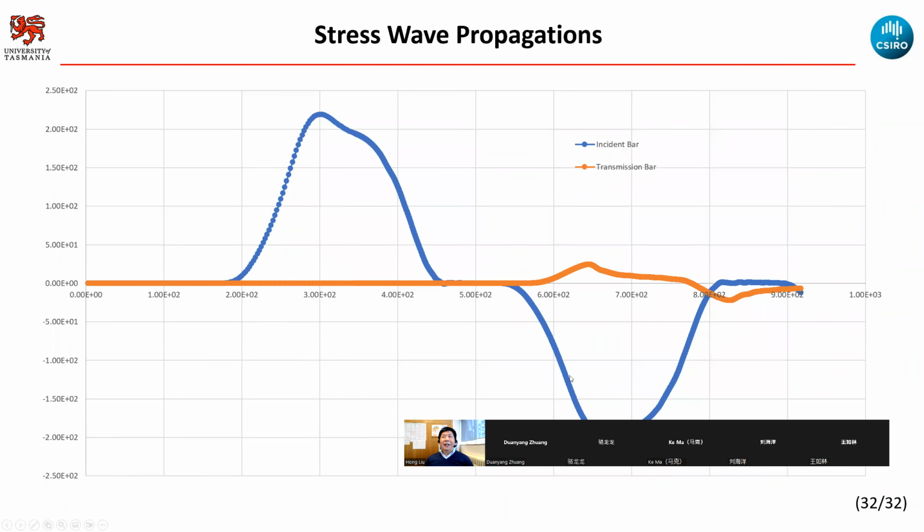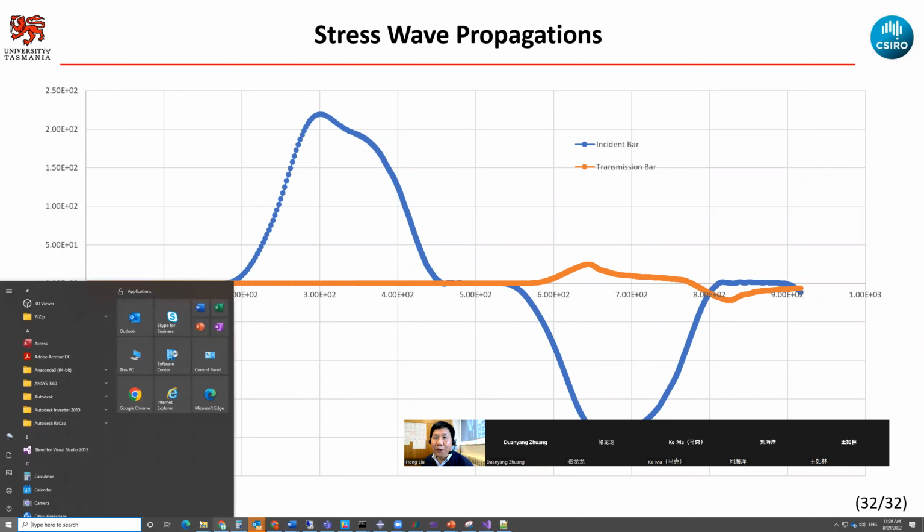Besides that, we want to capture the stress wave which propagates. As we said, we put a strain gauge on the input bar and another strain gauge on the transmission bar. After the calculation, you will find two files there.